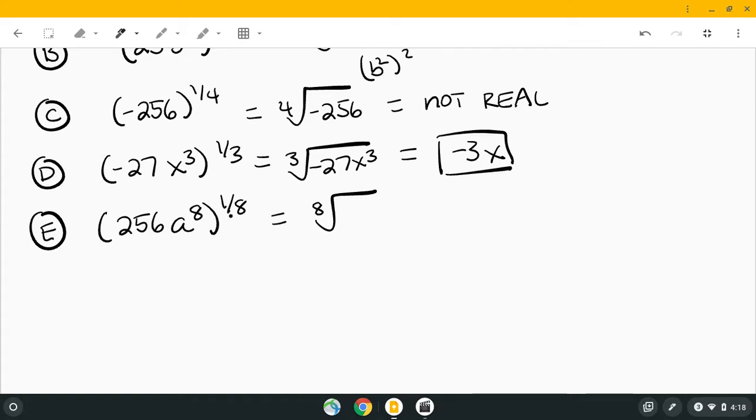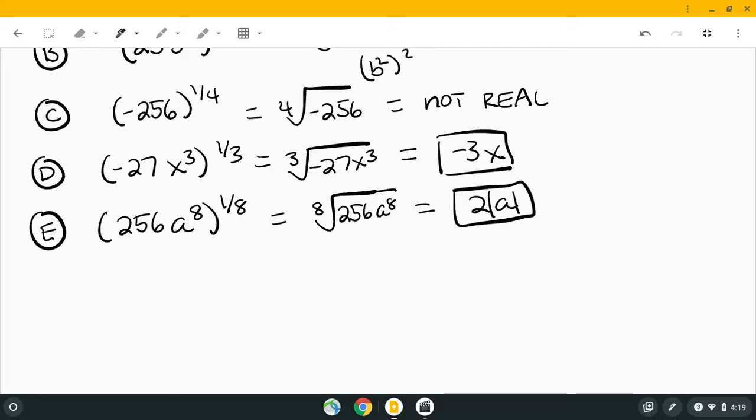So this means the 8th root of 256a to the 8th. The 8th root of 256 is 2, and the 8th root of a to the 8th is a. But this is an even root, so we do need the absolute value.